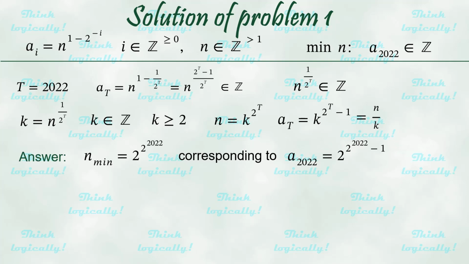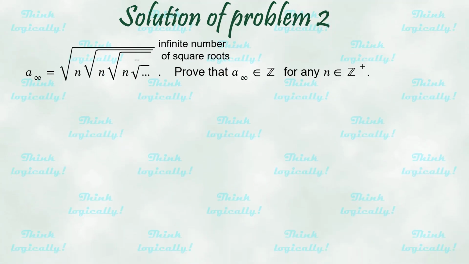It only remains to solve problem 2. This time there is an infinite number of square roots, which looks logical to denote as a sub infinity. It is claimed that a sub infinity exists, and moreover, it is an integer for any positive integer n.